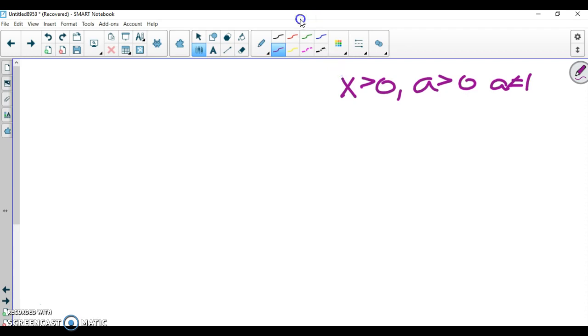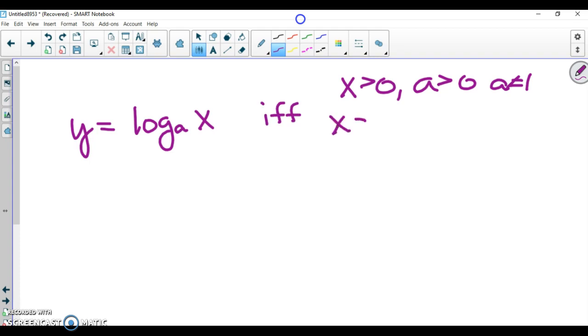Then we have the definition of the logarithmic function: y equals the log base a of x if and only if x is equal to a to the y power.